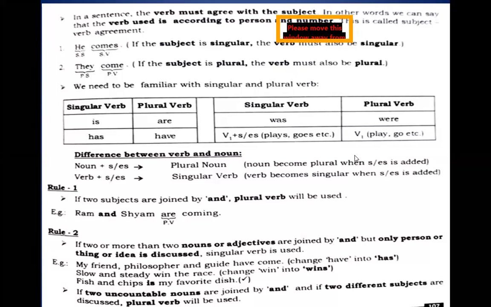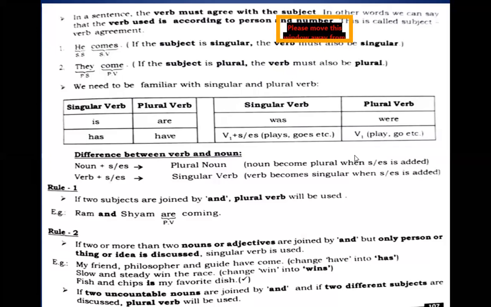Although the first one is quite easy, Ram and Shyam are coming. Now you see two different subjects are there, Ram as well as Shyam. These both are connected with the conjunction and. When two subjects are joined by and, this requires only the plural verb.